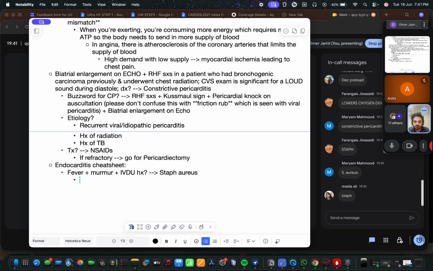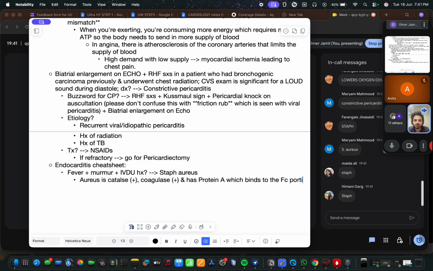Remember, aureus is catalase positive, coagulase positive, and has protein A, which binds to the Fc portion of IgG and prevents phagocytosis. Aureus in particular causes tricuspid regurg in IV drug users.